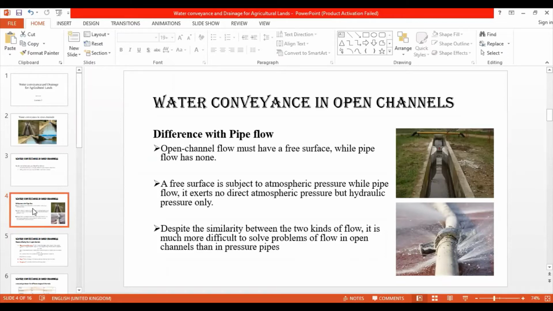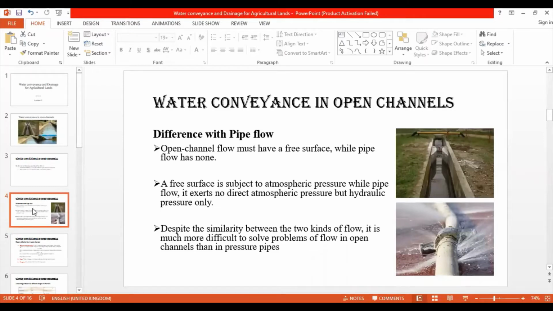The channel is open and exposed to the atmosphere, unlike pipes, which are enclosed conduits where water is not exposed to the atmosphere unless where it's coming out.